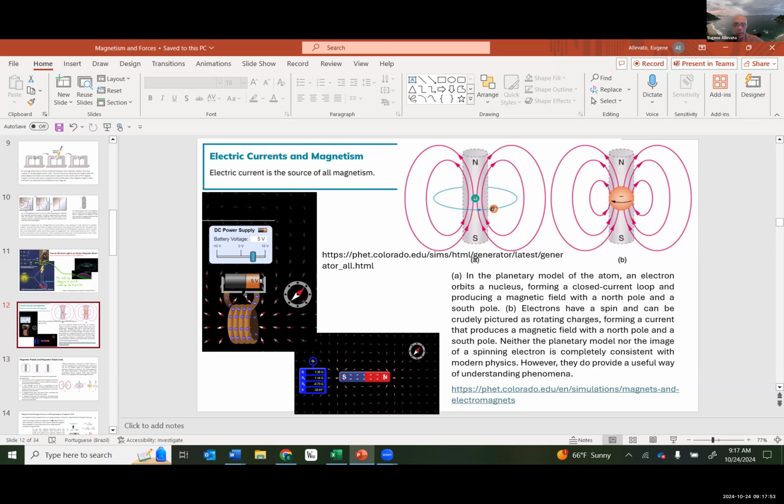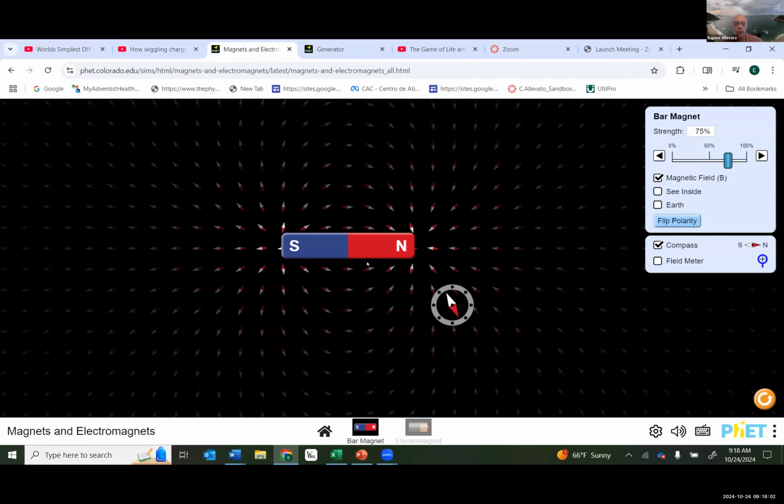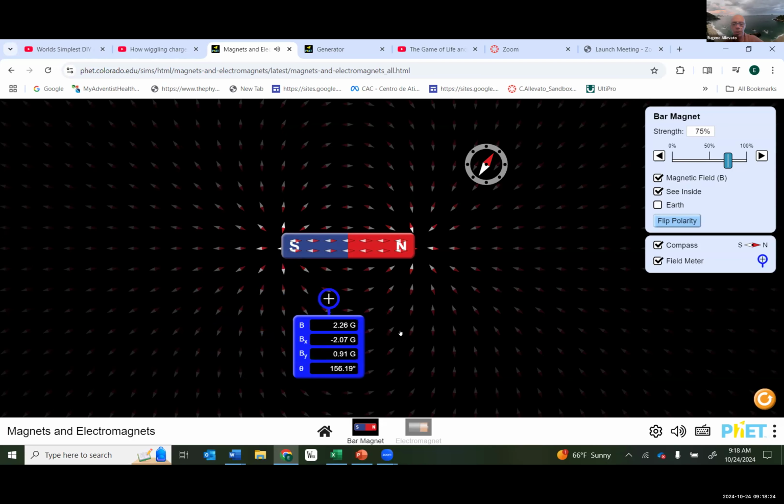So there are some simulation activities that I think help to visualize things, like this one here. You can see the alignment inside the magnet, and you can see that the strength changes, right?